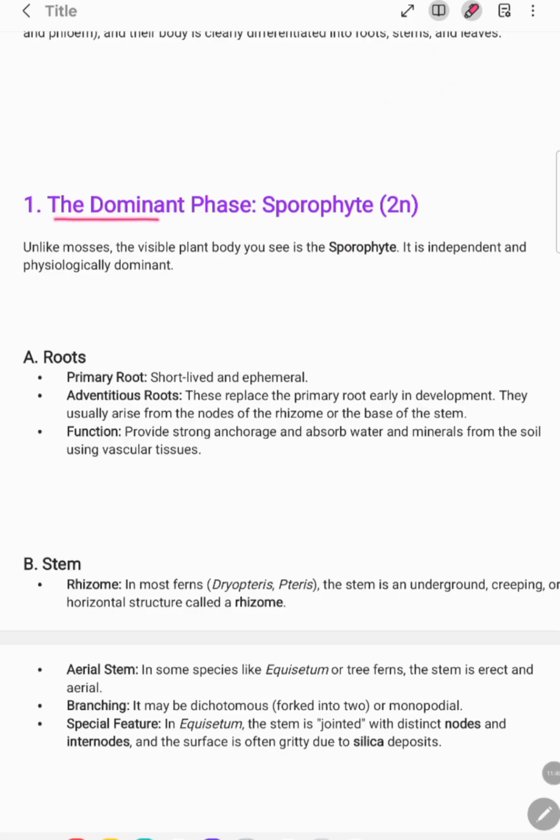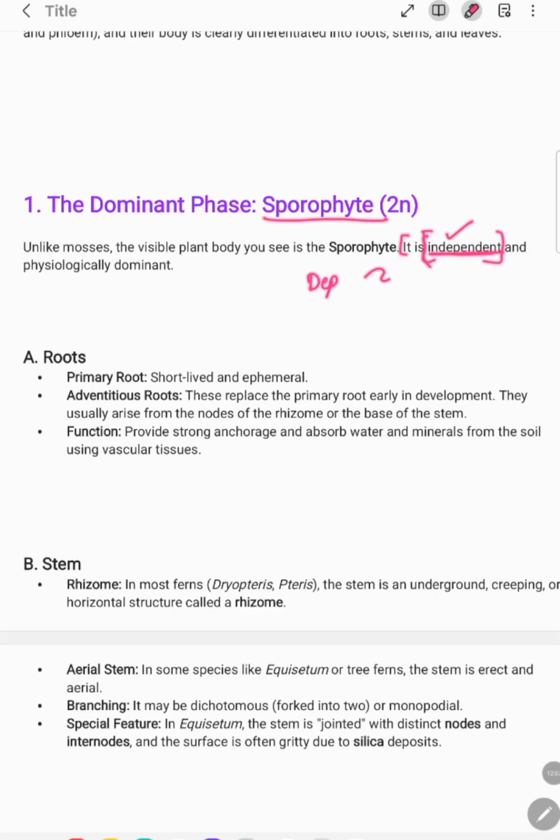Now we are going to discuss the dominant phase of the pteridophyte, which is your sporophyte. See, unlike mosses, the visible plant body you see is the sporophyte. The body of the pteridophyte that we are seeing is the sporophyte. It is independent. Point to remember here, the sporophytic stage of the plant is independent.